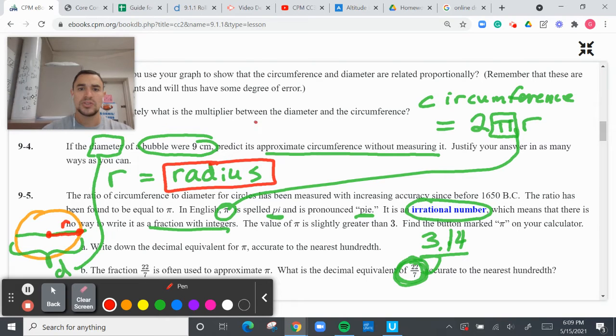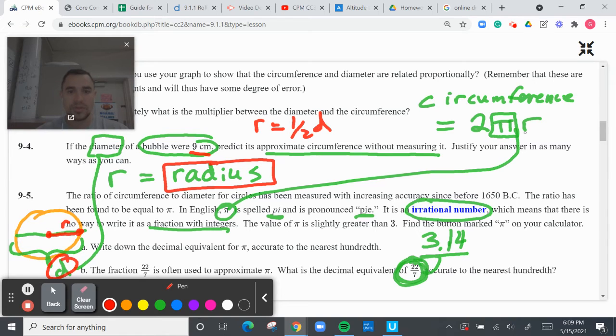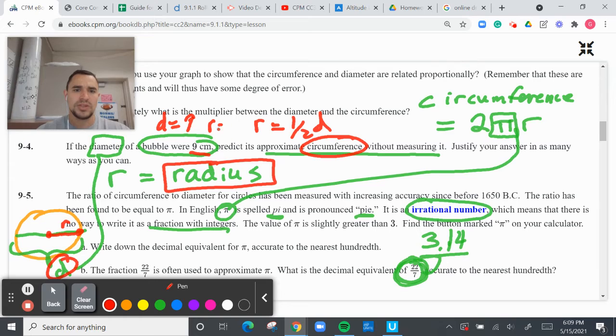So r equals 1/2 of d. If a bubble were 9 centimeters, and that's the diameter, what is the approximate circumference? If we know the diameter is 9, that means d equals 9, so r would equal 4.5.